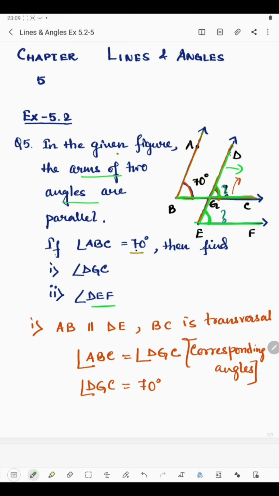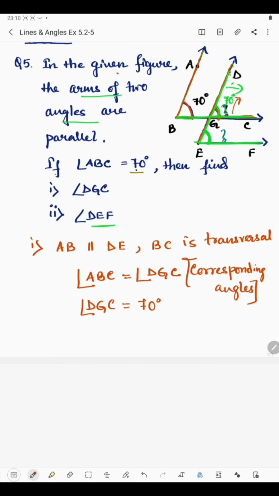This angle and this angle are on the right hand side of the transversal line, and these two angles are on the upper part of the parallel lines BC and EF. So if DGC, this angle we have got already, is 70 degrees, then DEF also will be 70 degrees as these two are corresponding angles.